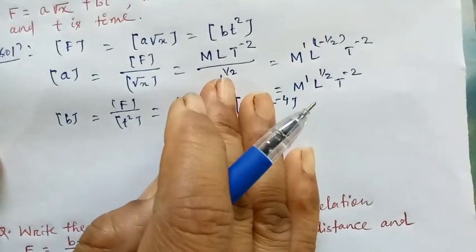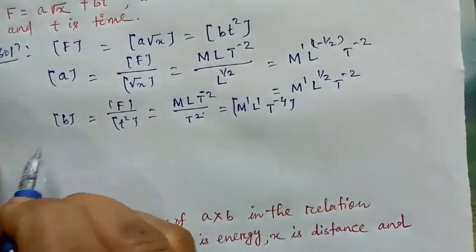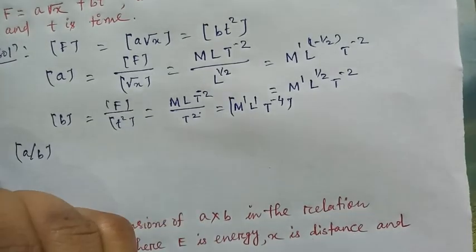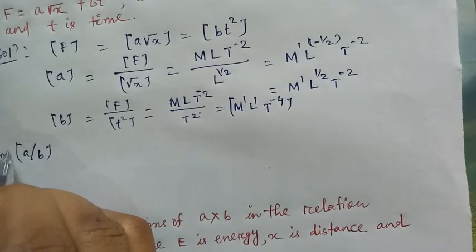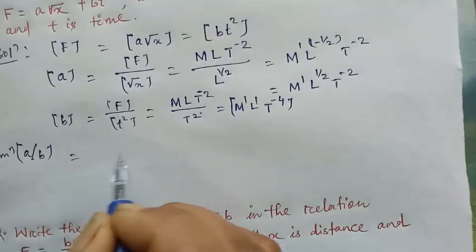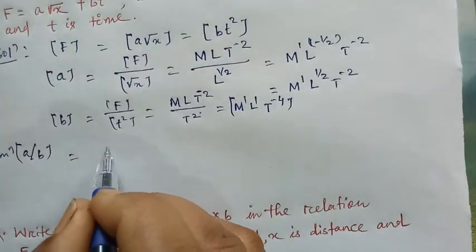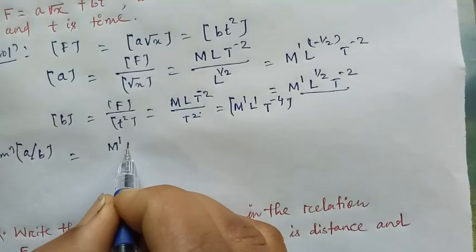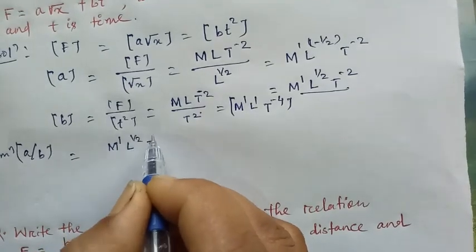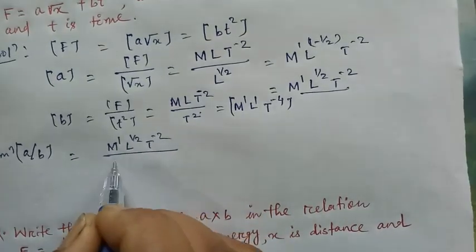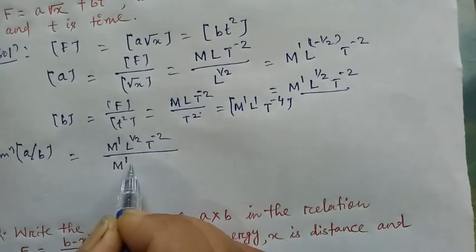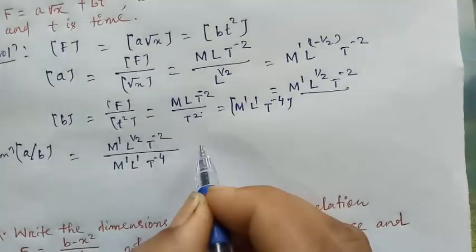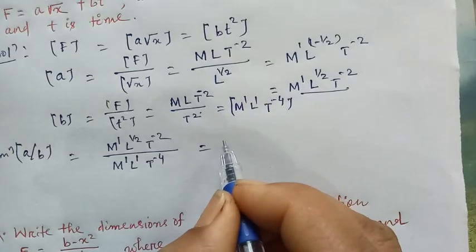Now we have to find the dimension of A upon B. The dimension of A is M^1 L^(1/2) T^-2 upon M^1 L^1 T^-4. The M^1 terms get cancelled.